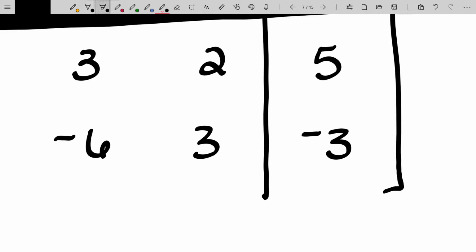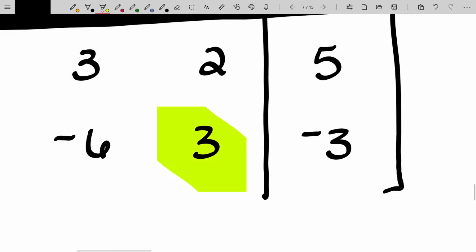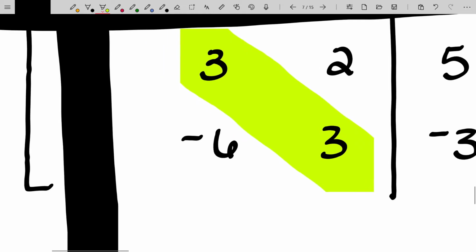And remember, the main diagonal is this guy right here. That's my main diagonal. And notice the smallest element is definitely in the top of that main diagonal. That's exactly what I want there. It's not necessarily that you have to put the smallest element there, but it's nice to do that. Okay, so I'll leave that as is.